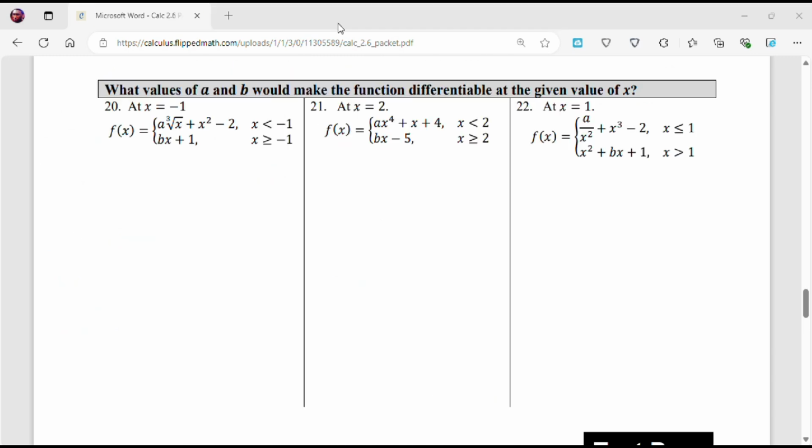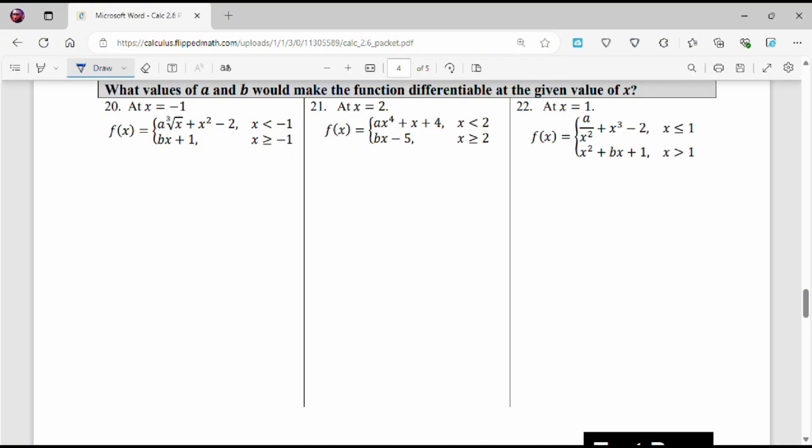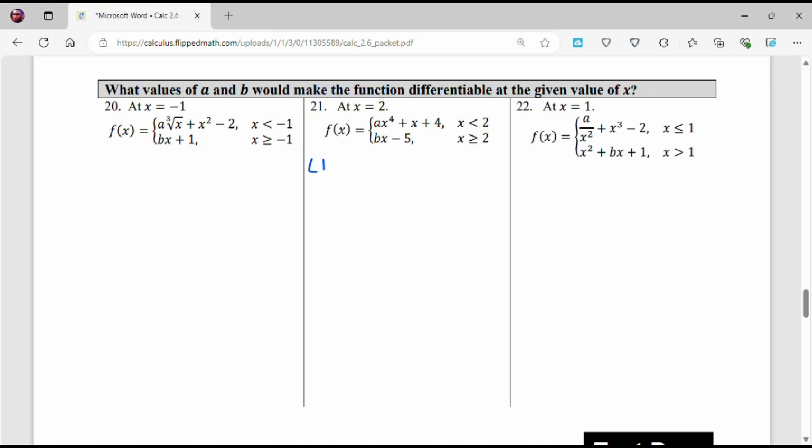All right, 21 is that x equals 2, and again we have a piecewise function. Left-hand limit, so it's going to be the function where x is less than 2. We're going to plug in 2 into x, so a times 2 to the 4 plus 2 plus 4. Right-hand limit is 2b minus 5.